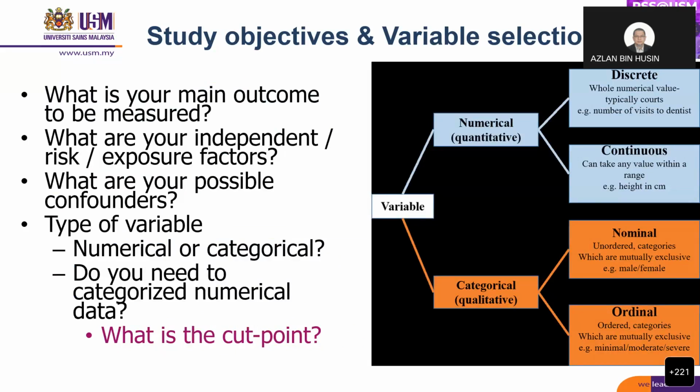You need to consider exposure factors, what will be the possible confounders, okay? And the data you're going to collect, whether it's going to be numerical or categorical. Do you need to categorize a numerical variable? For example, you need to categorize the height, the weight, or the hemoglobin level, whether anemic or not anemic. Okay, that needs to be well defined and have a reference accordingly.